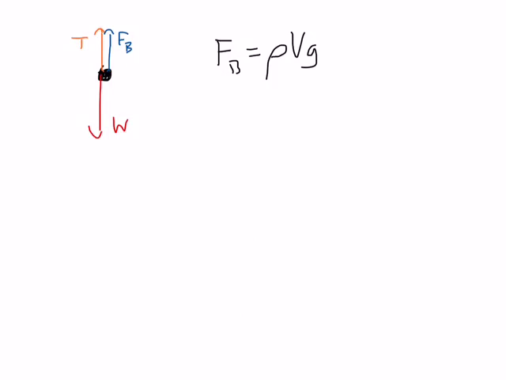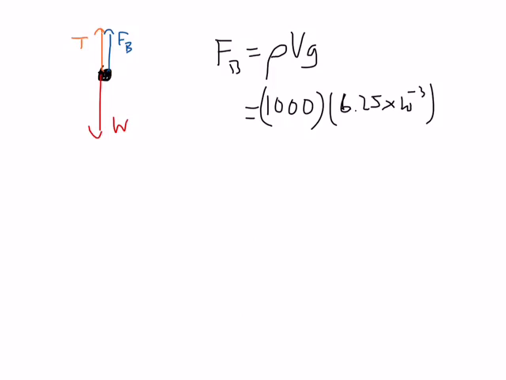And all you need to do is identify what these mean, right? This density is specifically the density of water, not the thing in the water, right? So 1,000 kilograms per meter cubed. The volume is the submerged volume. In this case, since the anchor is completely submerged, it is its complete volume.